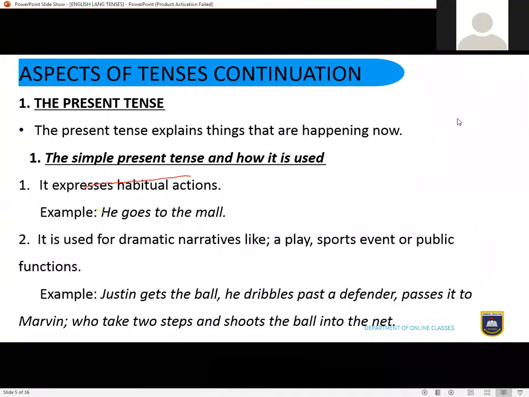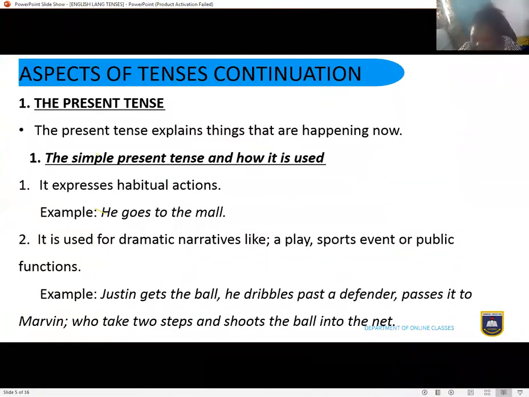Yes. Very good. I told you that under the present tense, we have 4 aspects that we'll be looking at. The first aspect is the simple present tense. The second aspect is the present progressive continuous tense. The third aspect is the present perfect tense.